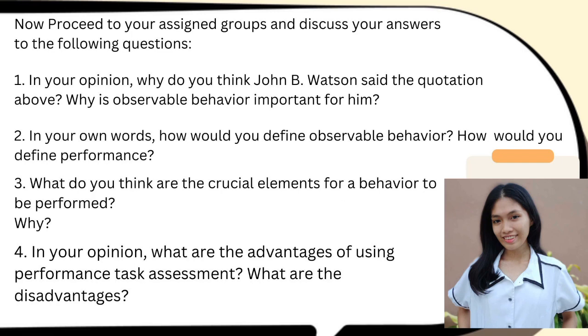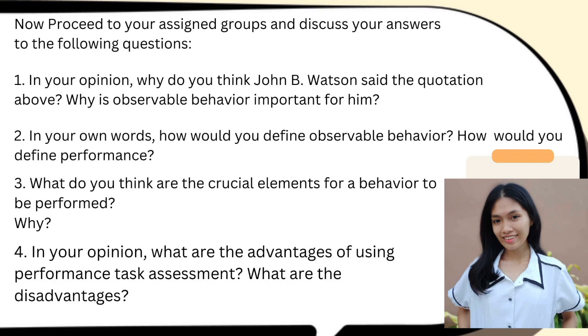Overall, performance task assessments offer valuable insights into individuals' abilities and competencies. It is essential to consider the advantages and disadvantages to ensure a balanced and effective assessment approach that aligns with the intended learning outcomes and objectives.